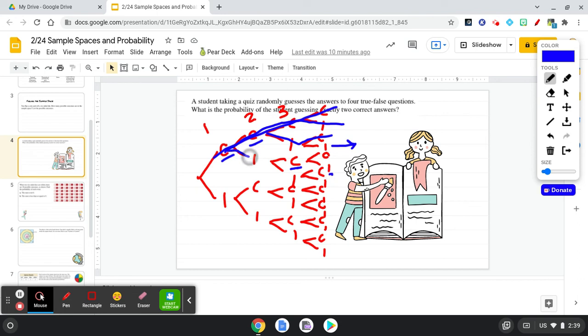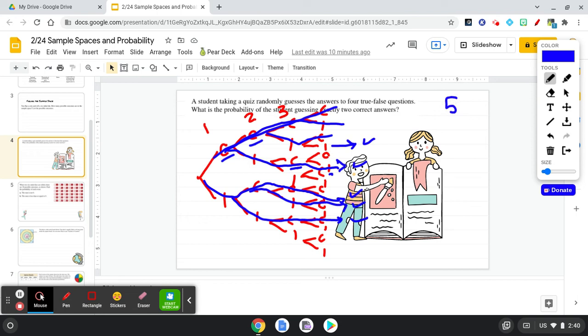So I can go down. This branch will work. Correct, correct, incorrect. So if I go down this branch, it will work. I could go down this branch and it will work. So I have this one, this one, this one, this one. Incorrect, incorrect, correct, correct. This one will work, and that's it. So there are 5 things that will work.